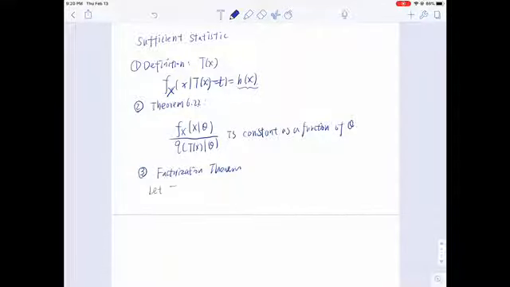Again, let f(x) denote the PDF or PMF of a sample x.